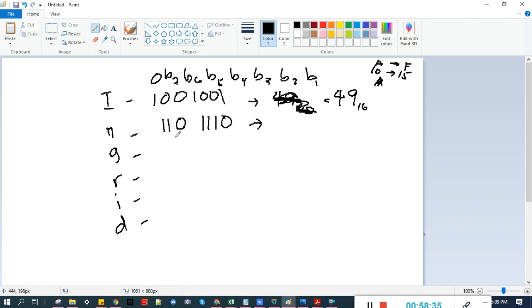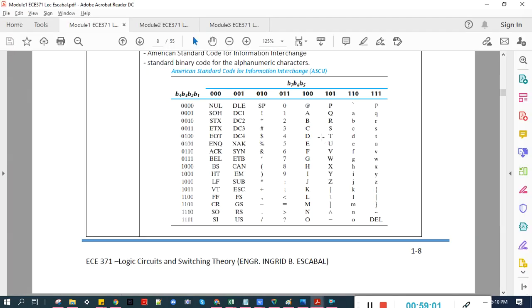So hexadecimal of small letter n, that's 110 is 6, and then this one is E, 6E in hexadecimal, and so on. Let's not go further.